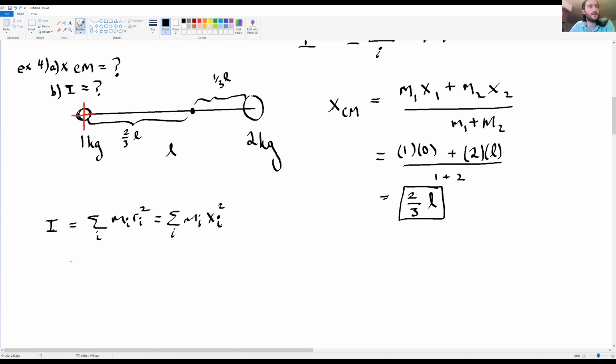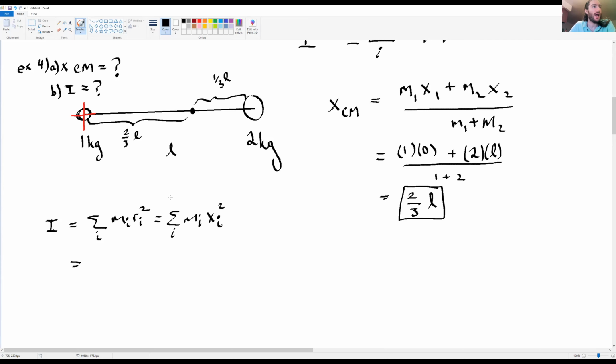Just to keep things clean here. I have two terms because I have two masses. And I said we should calculate the moment of inertia about the center of mass. We can calculate the moment of inertia about other points and we will get different answers.